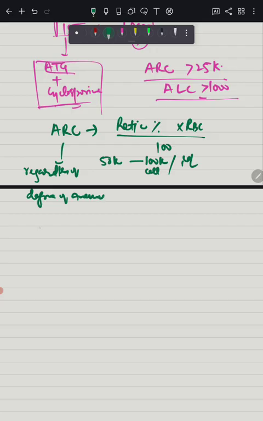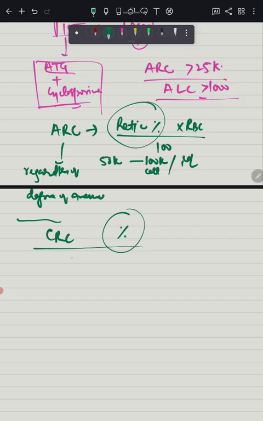But what is CRC? Corrected reticulocyte count. It is the reticulocyte percentage adjusted for degree of anemia. Why does it need to be adjusted? When a patient is anemic, the reticulocyte percentage appears falsely elevated.